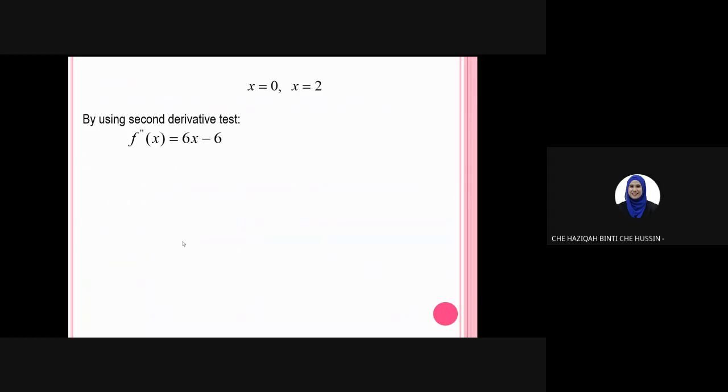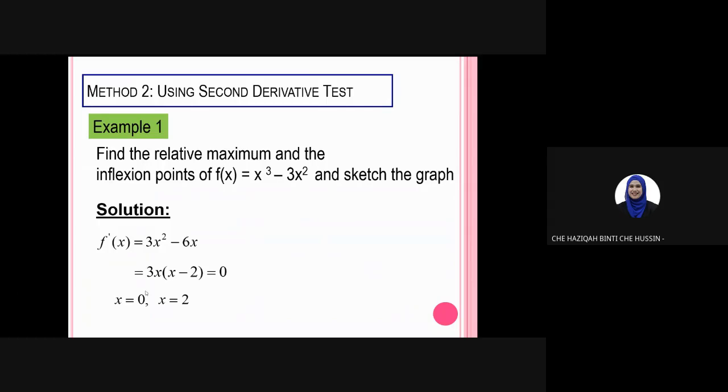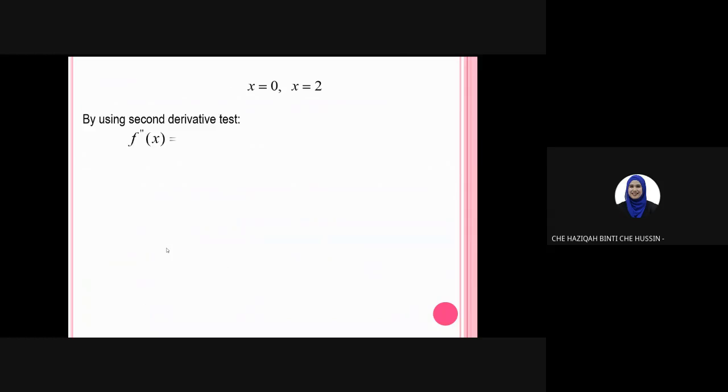Then, by using the second derivative test, we need to differentiate once again. Differentiate 3x squared minus 6x, and it will be 6x minus 6. We know that x equals 0, so we substitute into f double prime x, and we get negative 6.